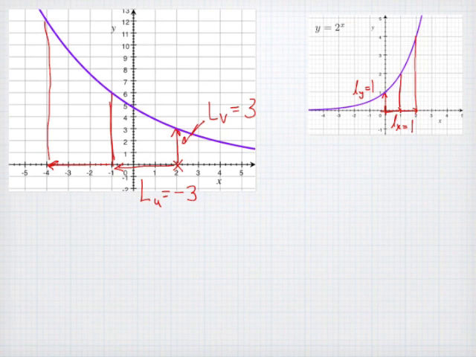To get my transformation, and I probably should have said this in the previous graph, I'm thinking of my axes so that I can keep the difference between my original graph and my new graph.